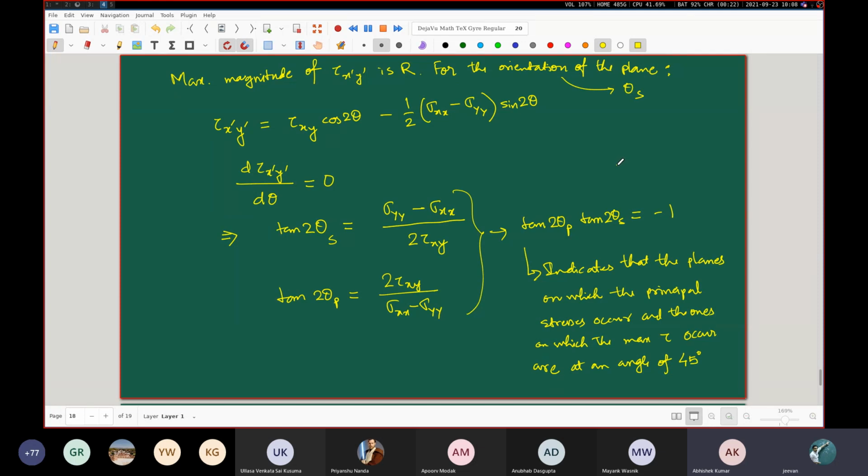the approaches. Furthermore, just like we are now considering most of for our discussions, the two-dimensional state of stress, which is referred to as the plane stress, where sigma zz equal to 0, tau zx equal to 0, tau yz equal to 0, it is possible to have obviously a three-dimensional state of stress, and corresponding to that, a three-dimensional version of the Mohr circle also.